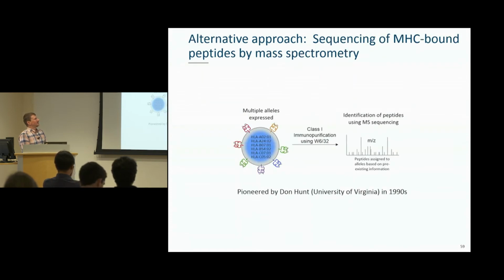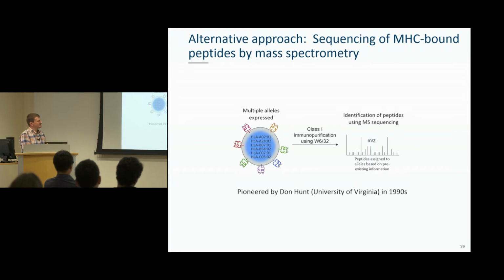The thing that we have been pretty excited about is a very different approach for learning peptide binding rules, which is based on mass spectrometry. In this context, instead of starting with purified MHC, ex vivo, you're starting with living cells, which are actively presenting peptide on their MHC molecules.